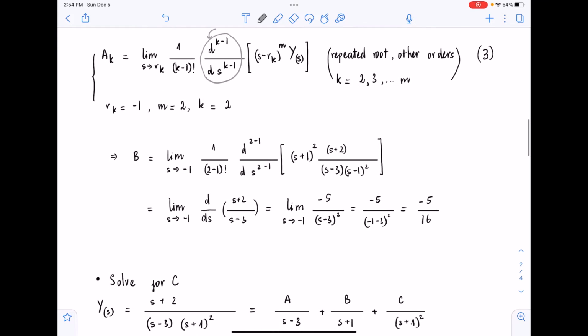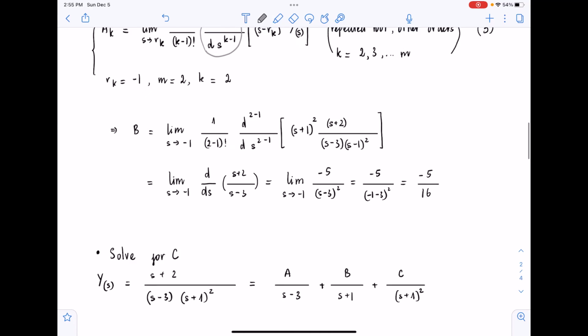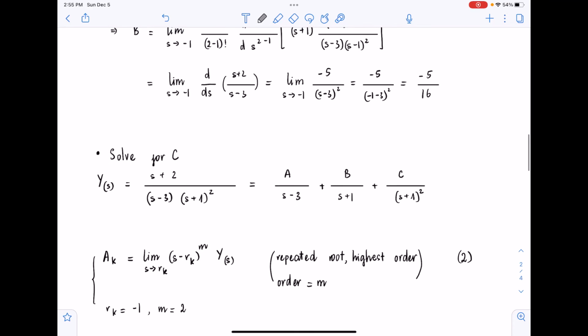Lastly, you need to solve for C. C over (s plus 1) squared has a repeated root, but it holds the highest order, so this time we will use equation 2. r_k equal minus 1, m is still 2.